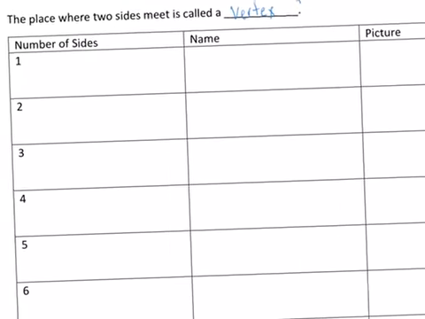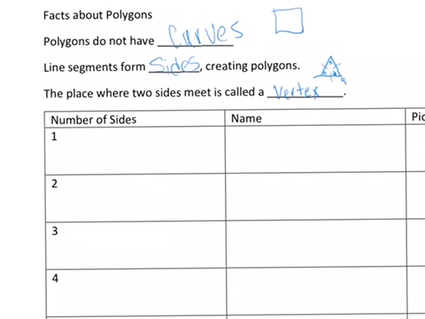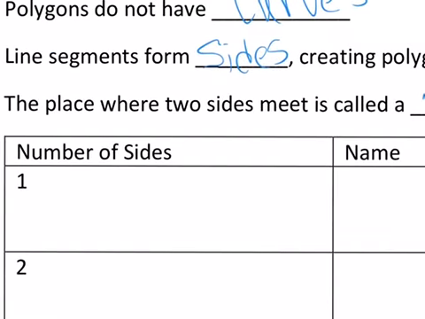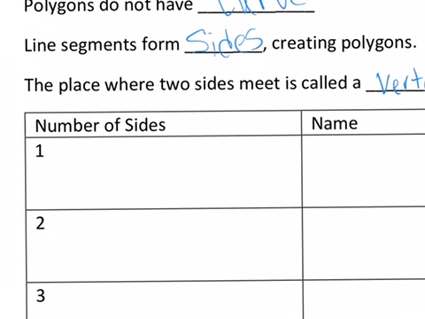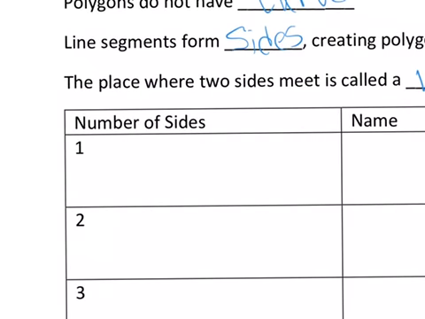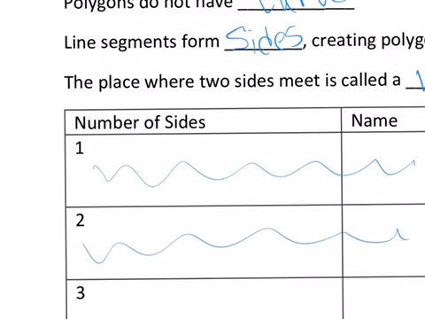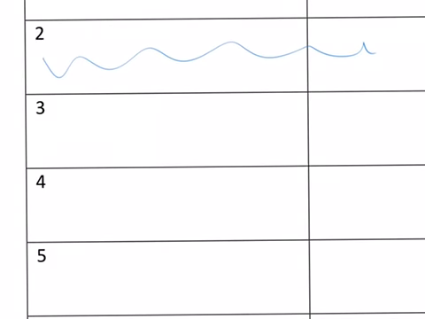So let's talk about what we call polygons. And the first one is a polygon with one side. Well, polygons have more than one side. Polygons have more than 2 sides. So the first polygon that you'll really work with are polygons with 3 sides.